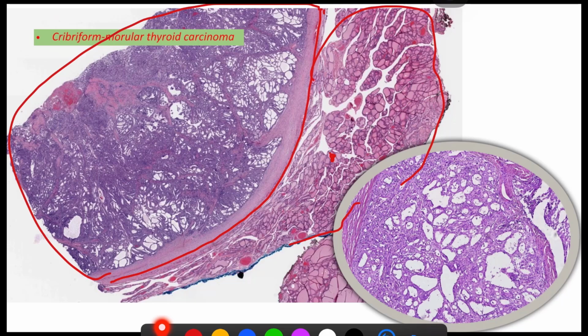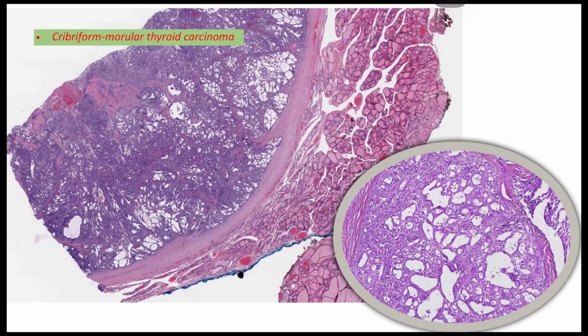In the previous classification, this carcinoma was considered a variant of papillary carcinoma, but in the newer classification it is a separate entity, named so because it has a cribriform pattern.